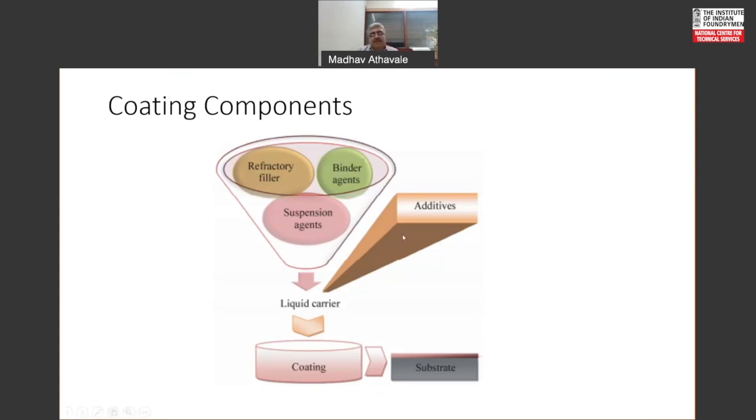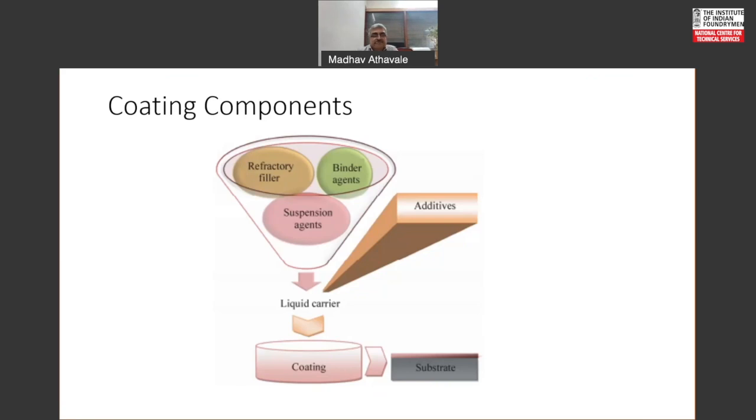And you would need certain additives to give one. It should avoid any degradation of the coating in storage. Help decide the flow characteristics of the coating, which is called the rheology of the coating, and wettability of the coating with the substrate.